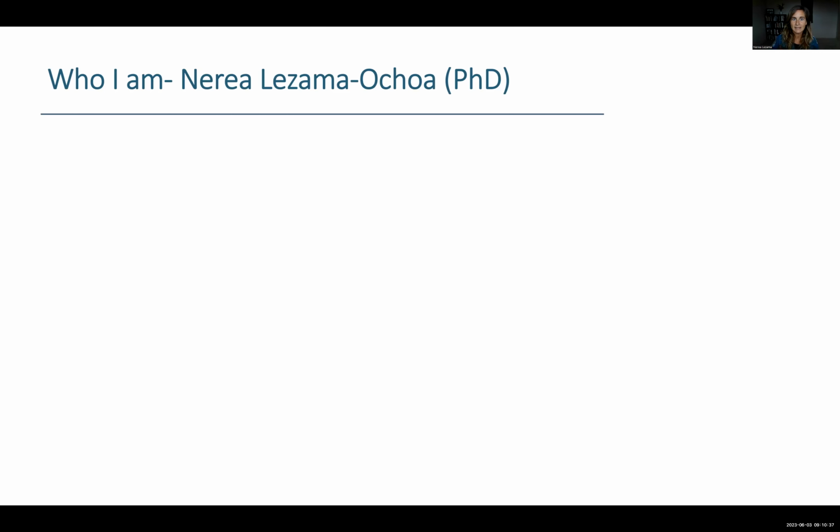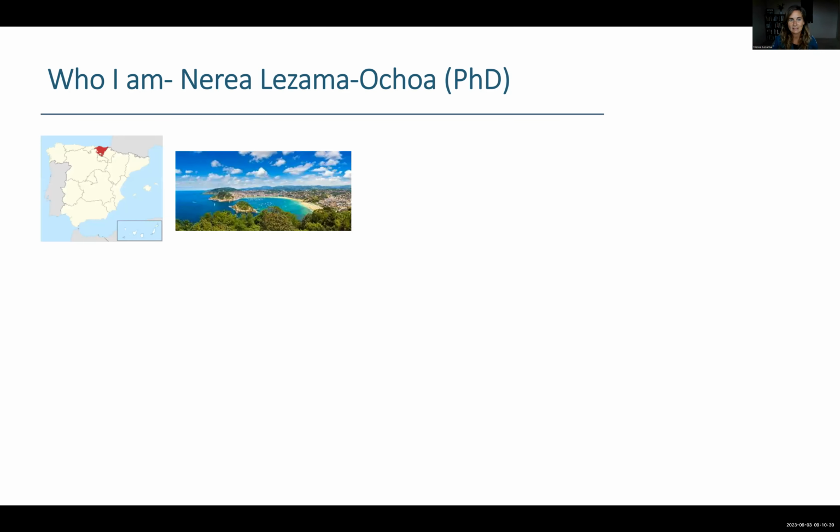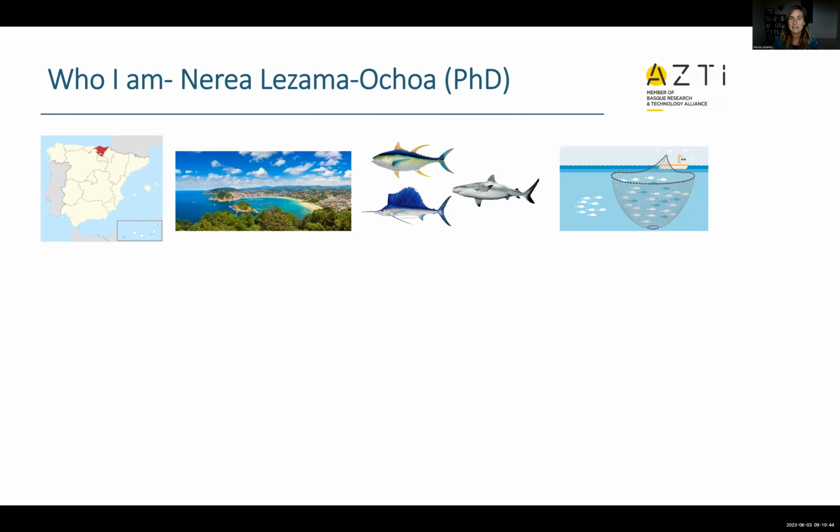I'm a Basque girl from the Basque Country, specifically from the beautiful San Sebastian, where I did my PhD in Tecnalia, which is a marine institute. One of the main departments is focused on studying tuna fisheries and bycatch species. During my PhD, I studied the biodiversity and distribution of different bycatch species, such as mobula rays, sharks, billfishes.